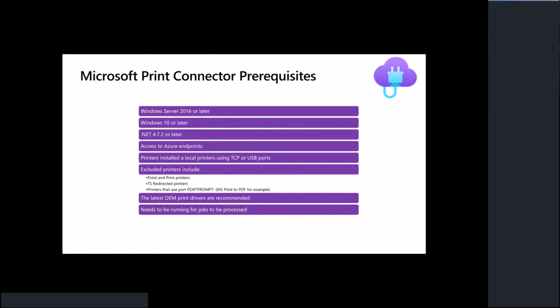The prerequisite for the connector is Windows Server 2016 or later, with a couple of updates that are required for a couple of issues that we were having earlier, and then .NET 4.7.2 or later. Server 2019 has those particular fixes, and there are some hotfixes for 2016 that need to be installed, but we have that documented as well.